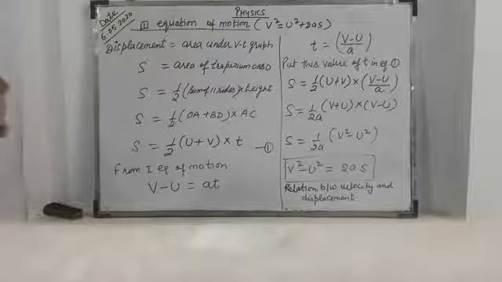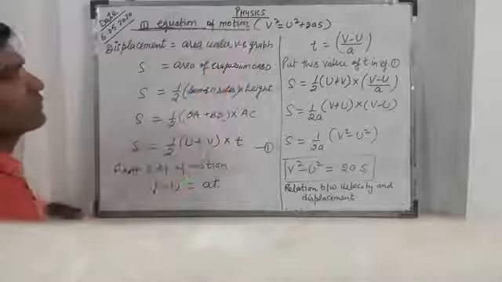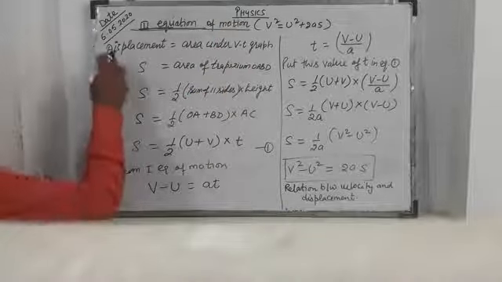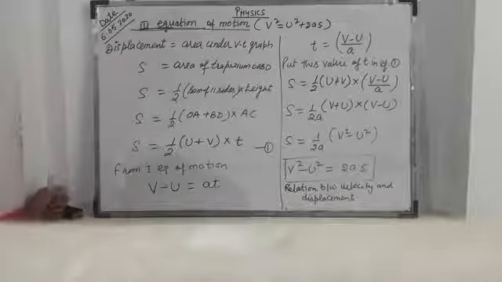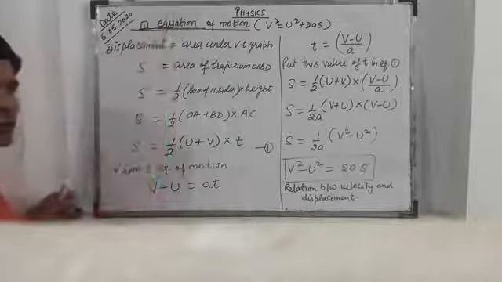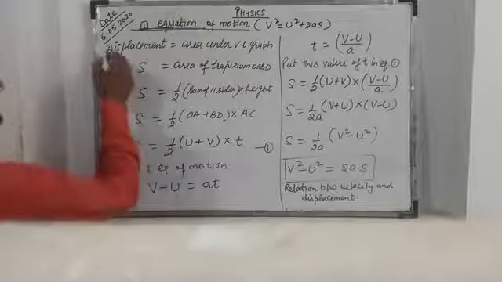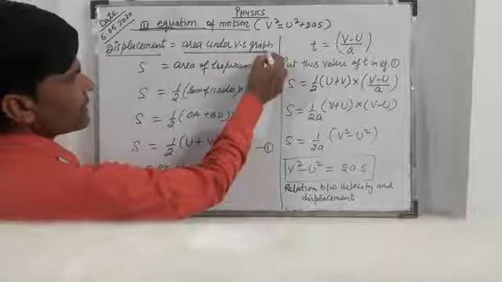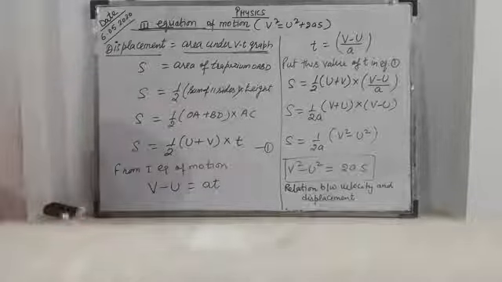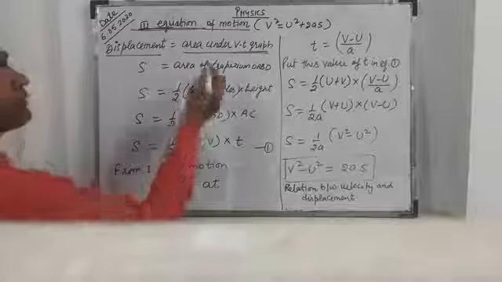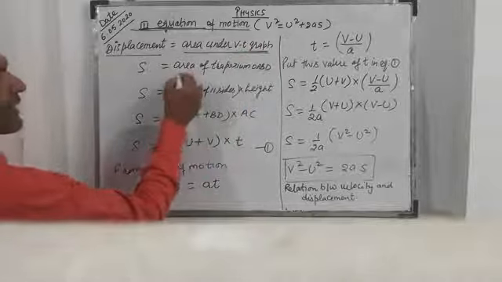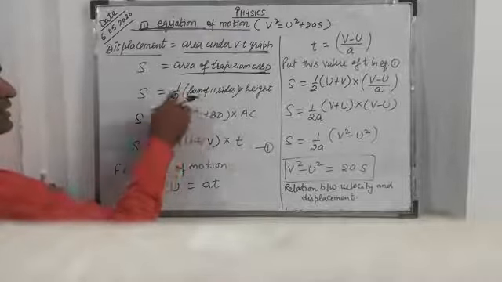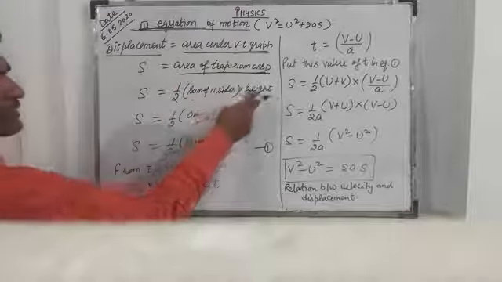Now the third equation of motion. For the third equation of motion, we have the same graph and some steps are also the same as in the second equation of motion. As we know, displacement is equal to the area under the vt graph, and from the second equation of motion, the area under the vt graph is the area of trapezium OABD, but the area of a trapezium is half the sum of parallel sides into height.